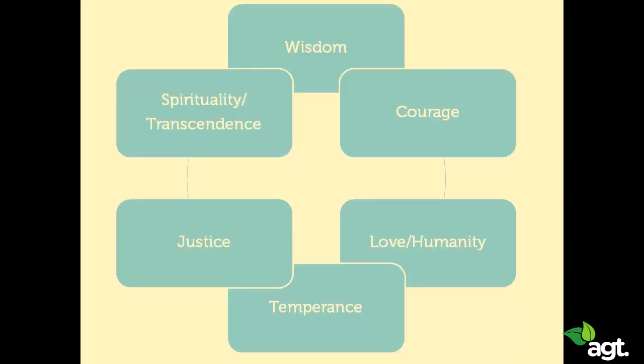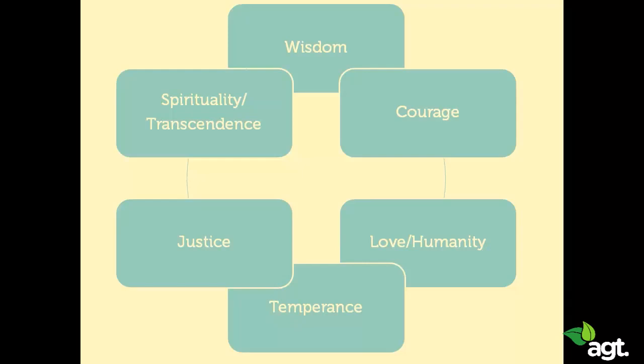Let's take a closer look. What they learned was that they all shared 6 common virtues: wisdom, courage, love or humanity, temperance, justice, and spirituality or transcendence. What they said is that if we want to be happy, we have to figure out how to put these 6 virtues into action.